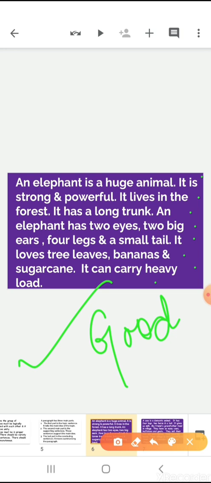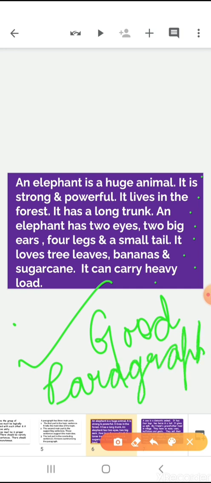And it includes all the three parts which are required to write a good paragraph. Yes or no? First of all, what do we need? We need topic sentences.